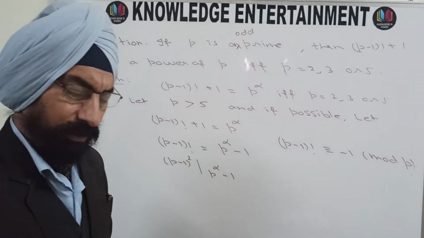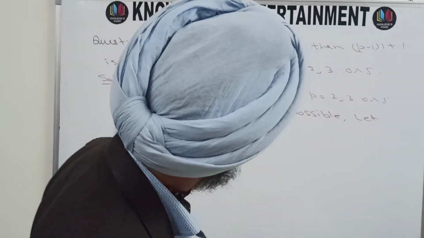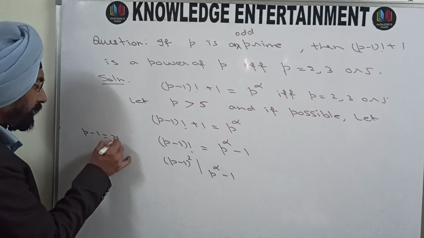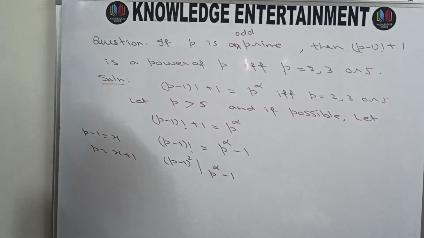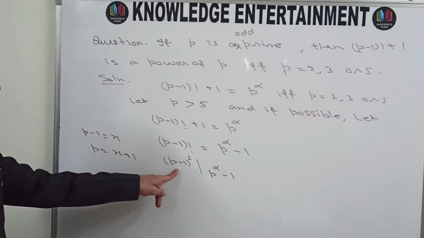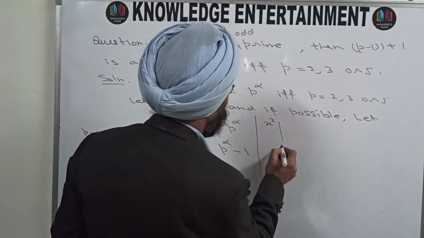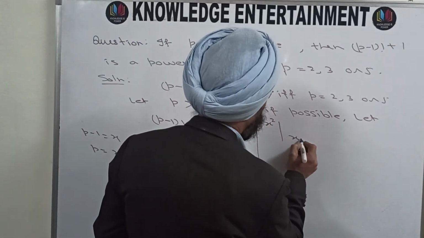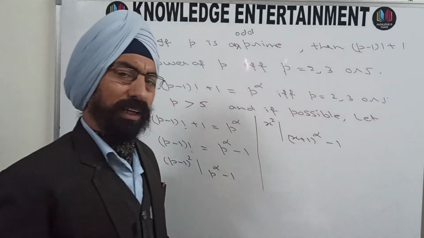From here, we will have a very crucial, very important step. Suppose your P minus 1 is x. That means your P is x plus 1. So this will become x square. X square divides x plus 1 raised to the power alpha minus 1.